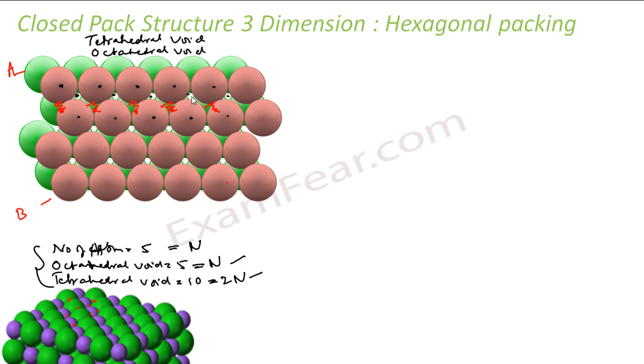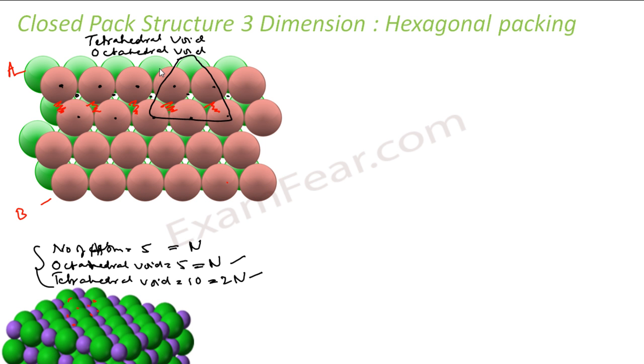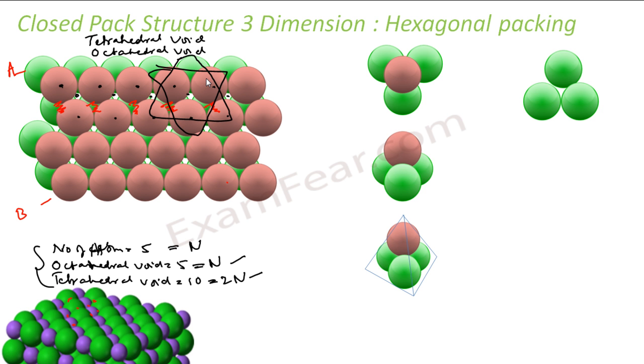Please note, at least 6 atoms are involved here. 3 green here, and on the top we need 3 more. Let's draw this. For simplicity, we have these 3 green, on top we have 3 red. Now if you see, this octahedral void is created.